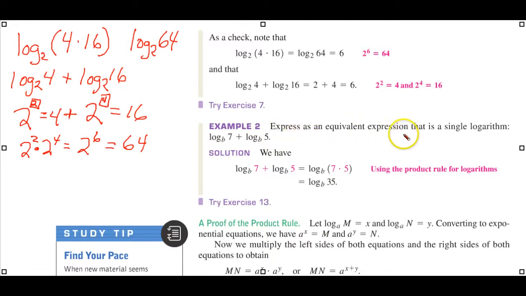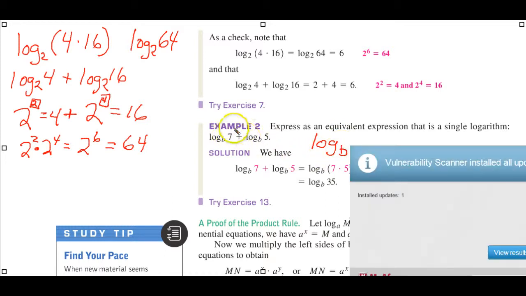Express as an equivalent expression that is a single logarithm this. So here we have log of base b of 7.